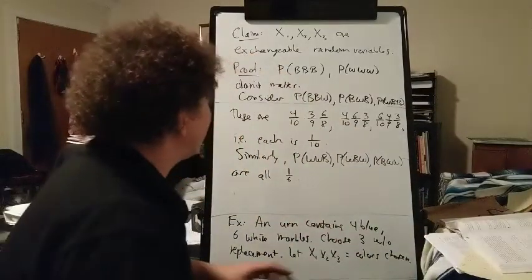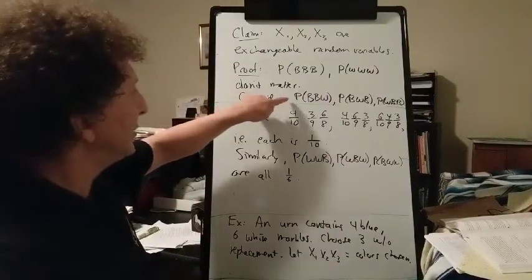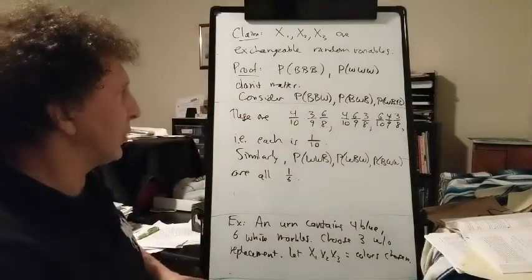Now, just to look at a slightly different point of view, let's look at the 2 blues and 1 white possibilities.